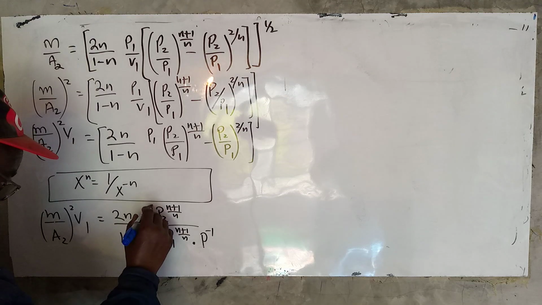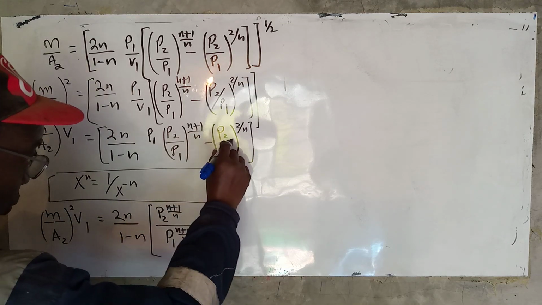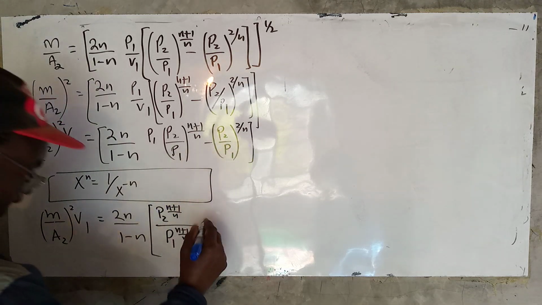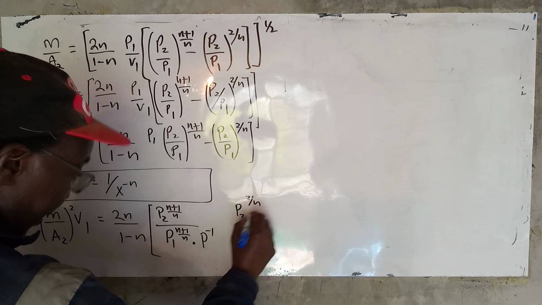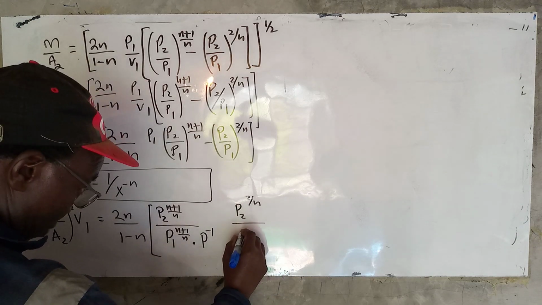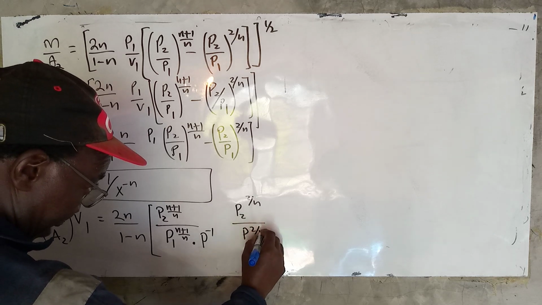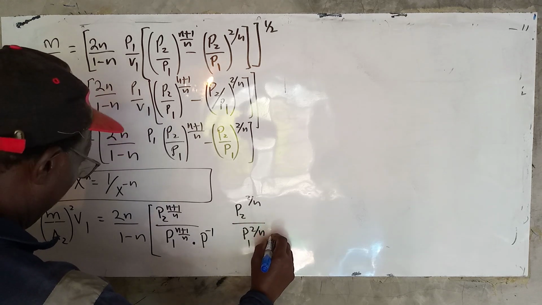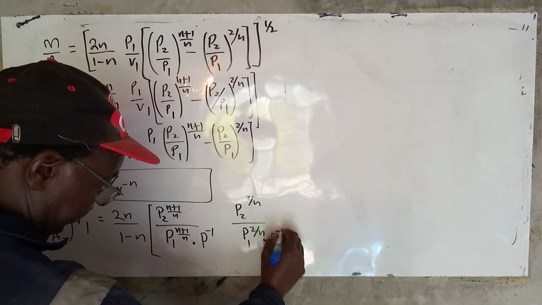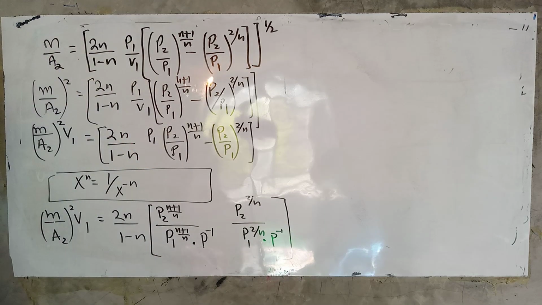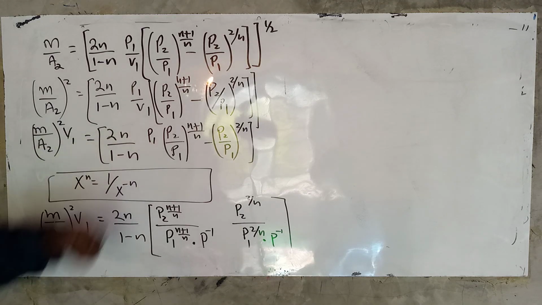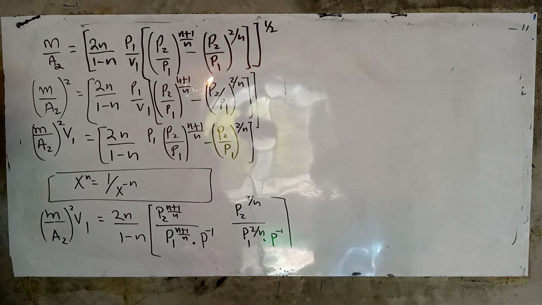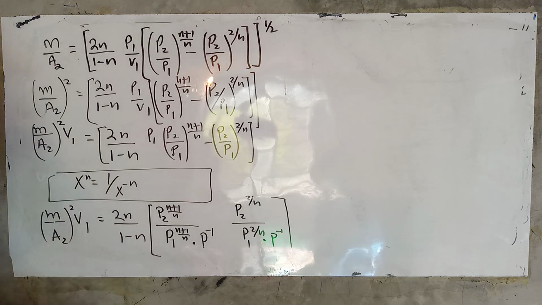And the same applies to this second term here. Again, that one will be P2 to 2 over n, over P1 to 2 over n, times P1 to the minus 1. So we have just used that particular identity, applied it to the value for P1.